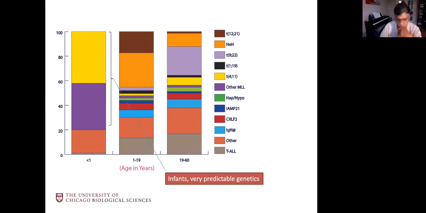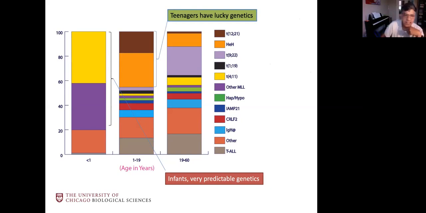Next, when you move to the second age group, teenagers, you can see that the orange is a big component. Orange is a group called hyperdiploidy, where you have extra copies of multiple chromosomes. It sounds like it should be a bad thing, right? Hyperdiploidy.